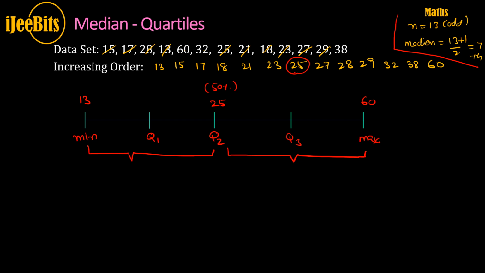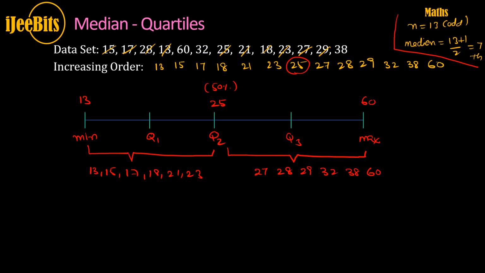How many are there here? 6 elements, right? This sample is 13, 15, 17, 18, 21, 23. And the second sample is 27, 28, 29, 32, 38, 60.